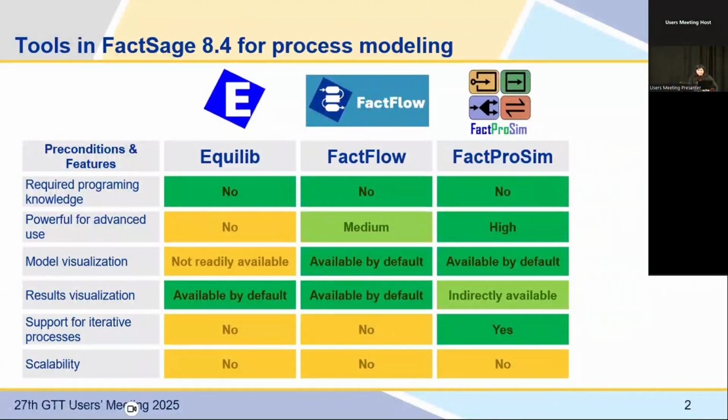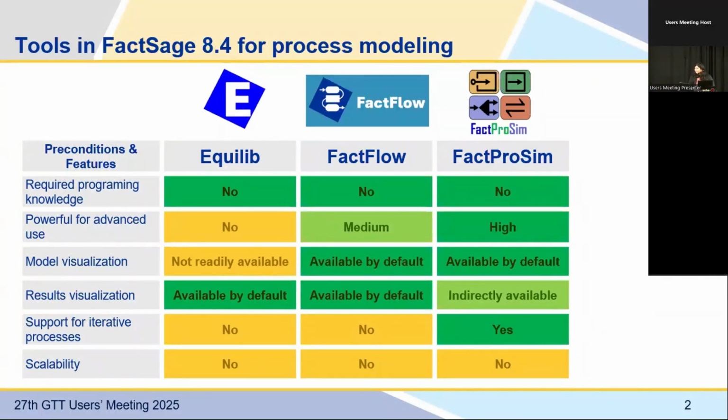Okay, so these are some of the features of FactProSim, and in this case, you can do iterative processes as well. Okay, so maybe from my side, just to add on this, we see two changes on the table from FactFlow to FactProSim. One is the powerful for advanced use becomes high, and support for iterative processes.